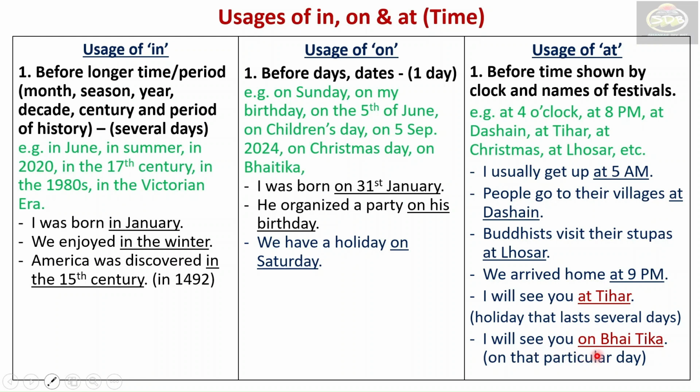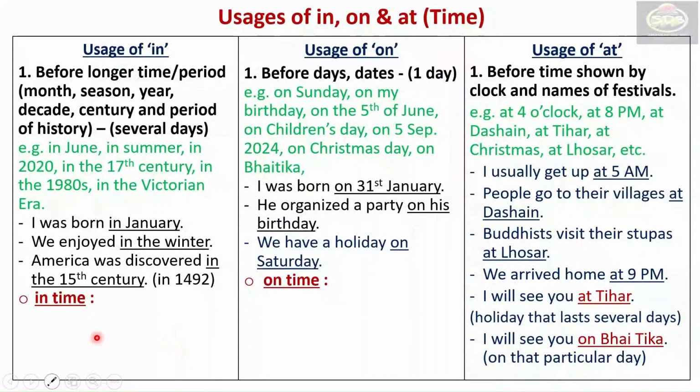I will see you on Bhaitika, on that particular day. Similarly, Christmas is a long duration, having many days, but Christmas Day is that particular day of Christmas. Therefore, we use at Christmas, on Christmas Day.